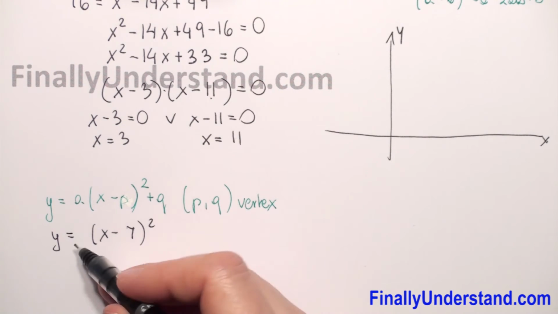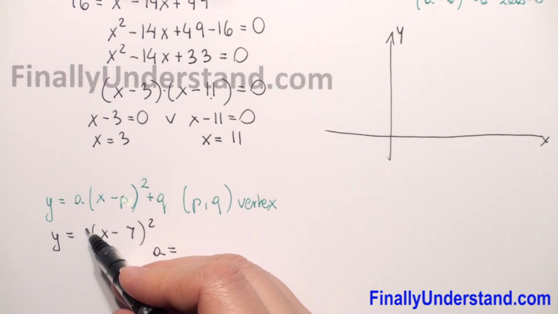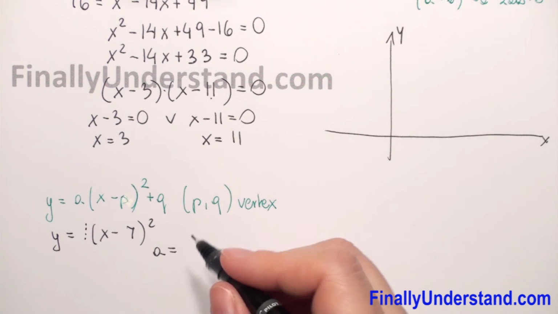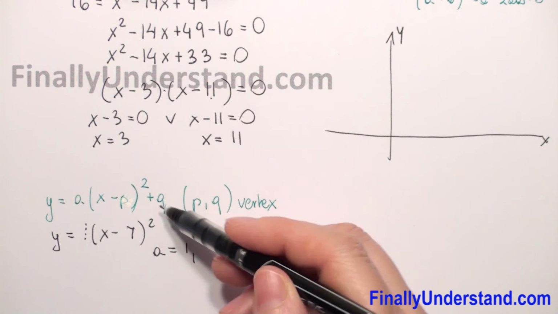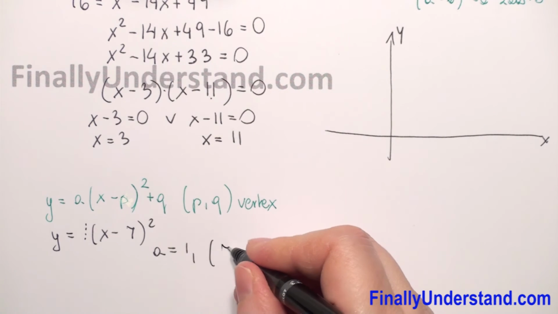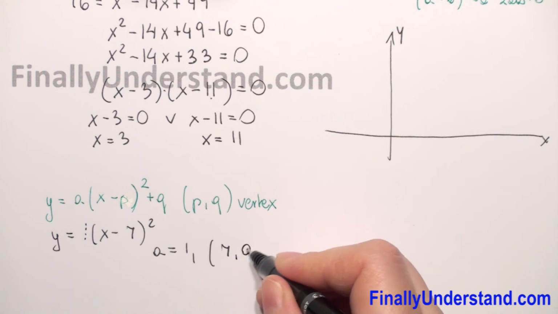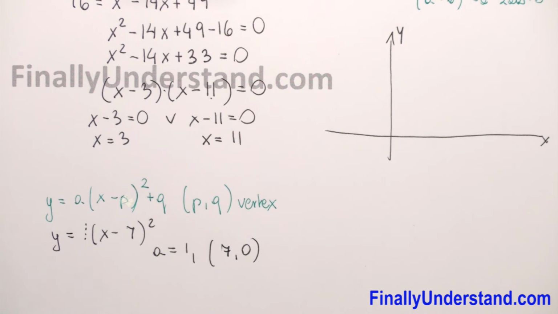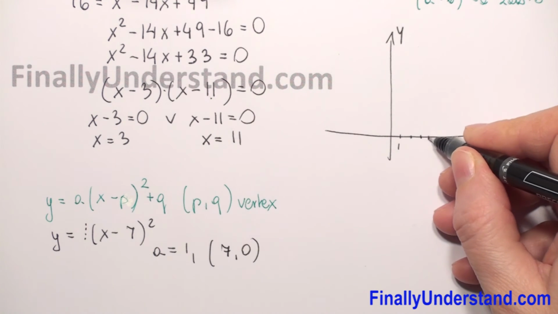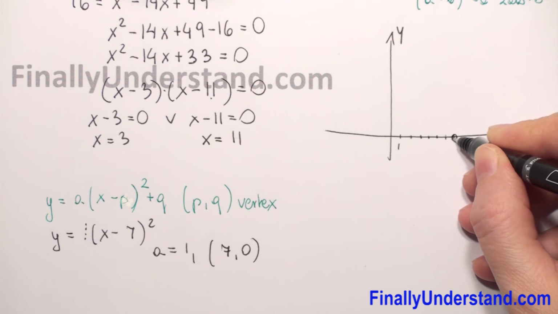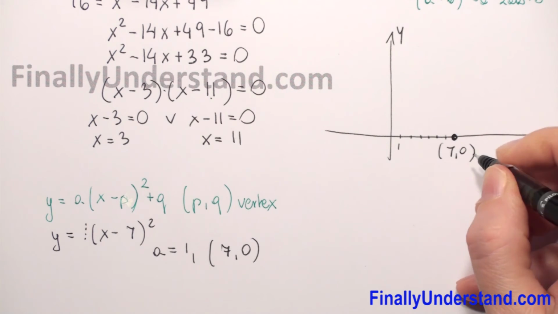From this equation we see that a, the coefficient before (x minus 7) squared, is invisible, so it is 1, and p is whatever we subtract from x. So the first coordinate is 7, and because we don't have here any number, it means that q is 0. So we have the vertex of our parabola. Let's put here 1, 2, 3, 4, 5, 6, 7. So we have the vertex of our parabola at 7, 0.